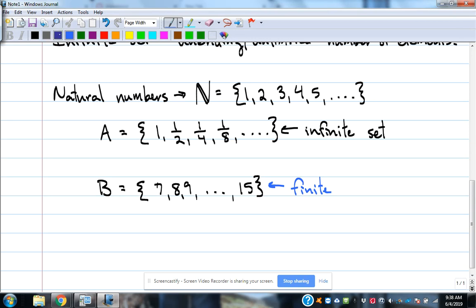Another way that they might write a set would be like this. They might use curly braces, and then they may put a variable in there like x, and then they'll put this straight up and down bar, and then they might have an inequality, and we'll do that.